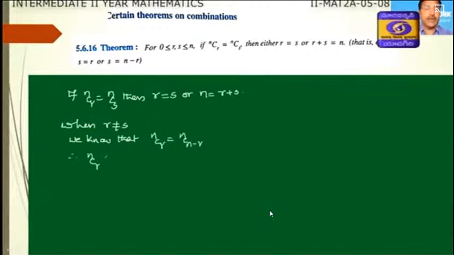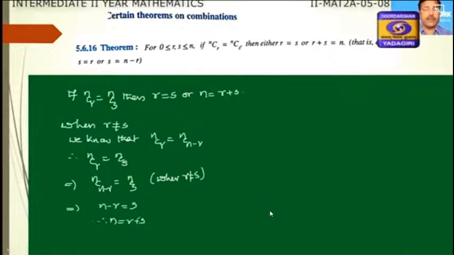Therefore, when nCr is equal to nCs, when r is not equal to s, then certainly nCr is equal to nC(n minus r), then nC(n minus r) will be equal to nCs. So here definitely these two values will be equal. n minus r is equal to s, therefore n is equal to r plus s. So this is not actually the proof of this statement, this is a verification by using the concept of nCr is equal to nC(n minus r).